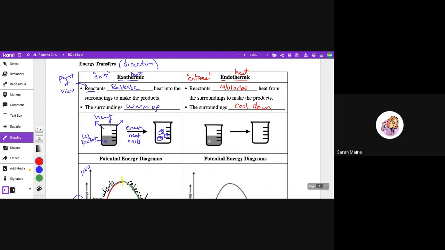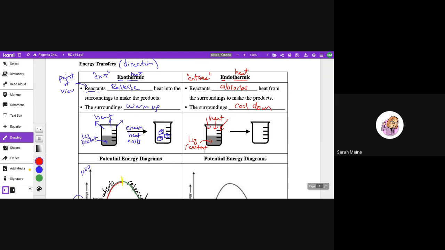So once again, we've got a beaker here, and inside this beaker, that gray stuff is our reactant of interest, and it's in the liquid state. This time, heat from the surroundings is going into our sample.